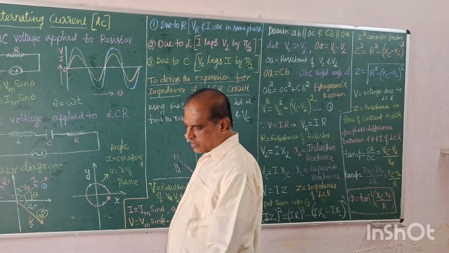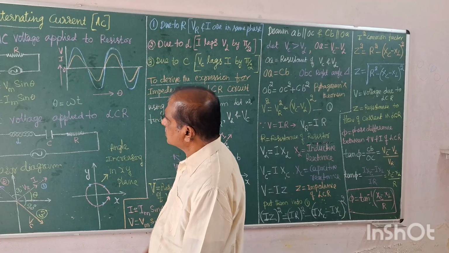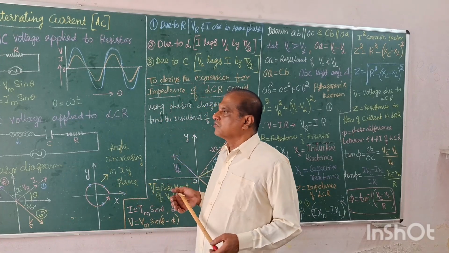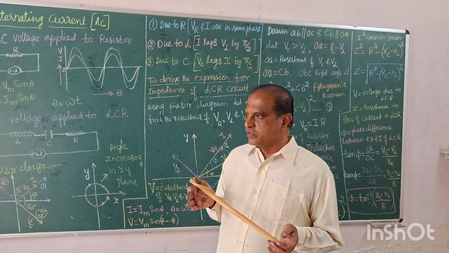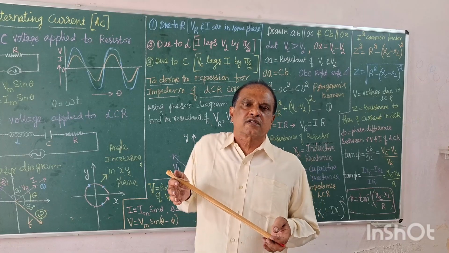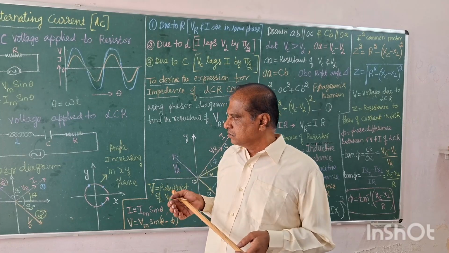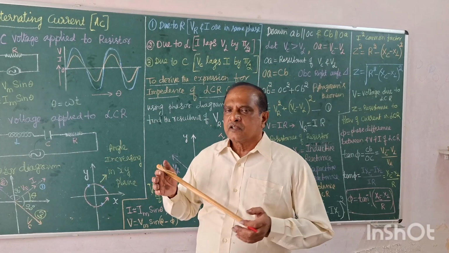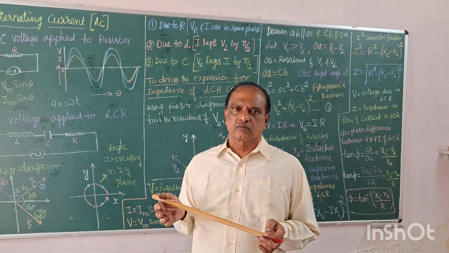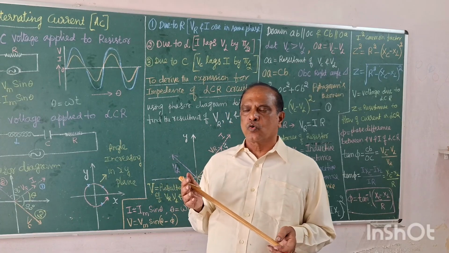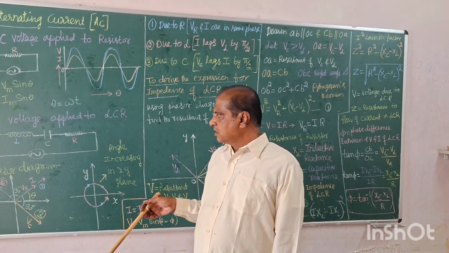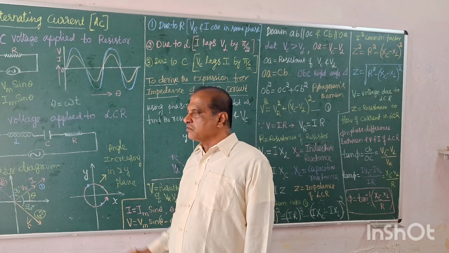What is a phasor diagram? It is a representation of the voltages of the individual components in AC, with a difference in phase angle, on the plane of two coordinates x and y. It is known as a phasor diagram.